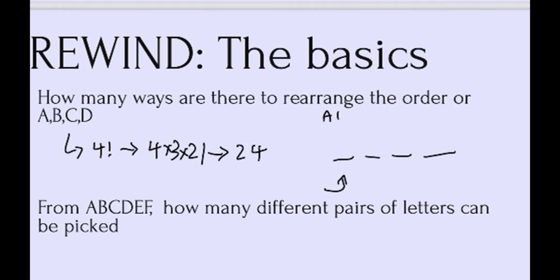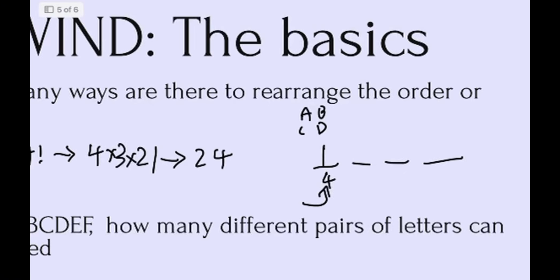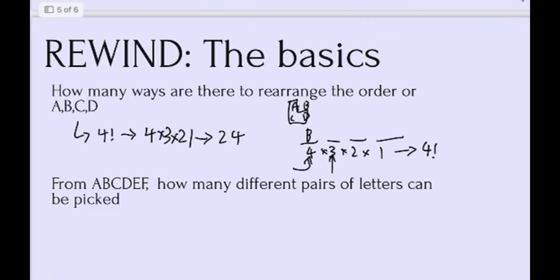So the first letter can only be A, B, C, or D, right? That's 4. And once you choose a letter, the next space can only have 3 letters remaining to choose from, for A, C, and D in this case. So 3. So once you multiply them out, you will get 4 factorial.